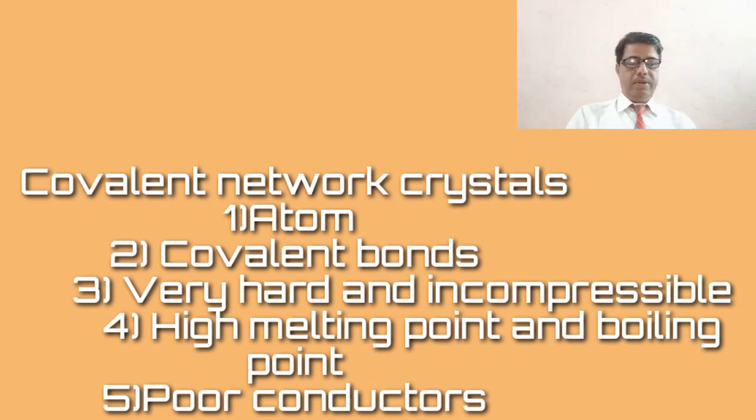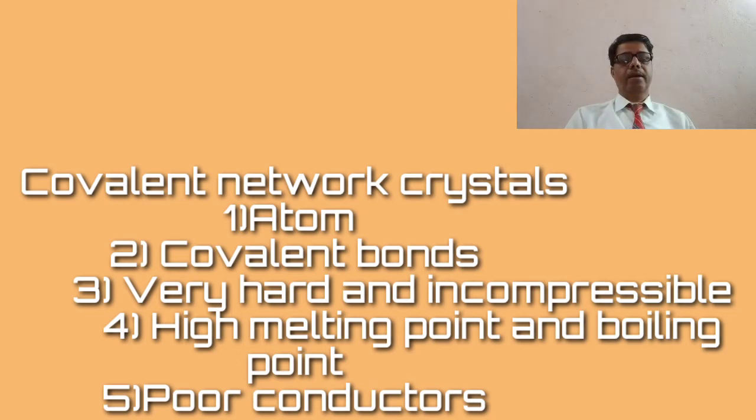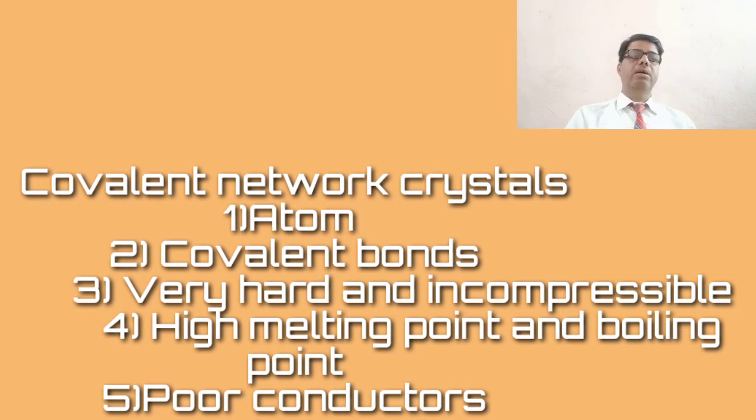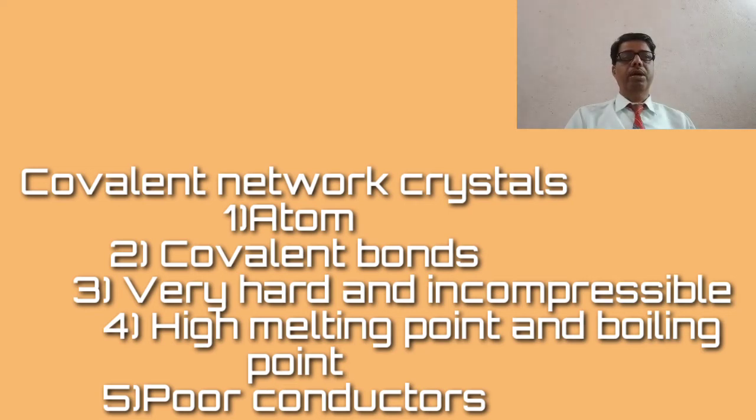Example is diamond. Next one, they are incompressible, not easily compressed. Due to this high hardness and 3D covalent structure, they have high melting and also boiling points.